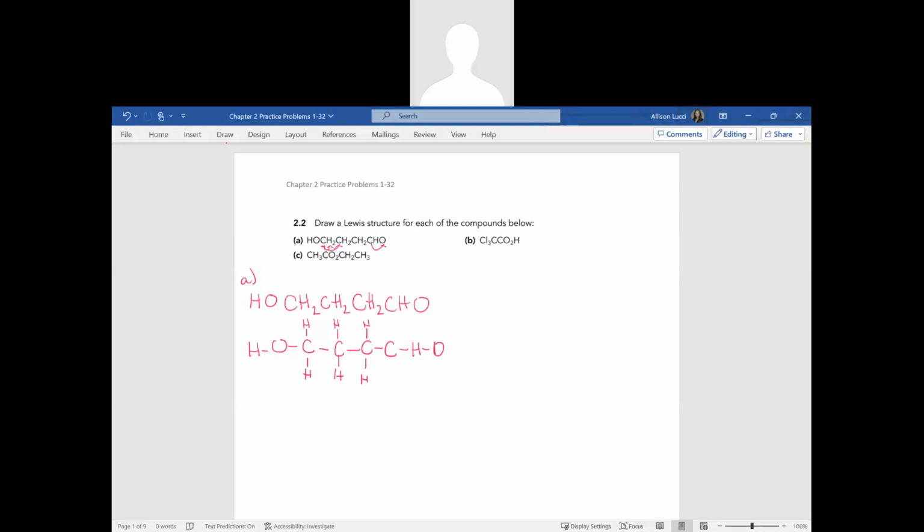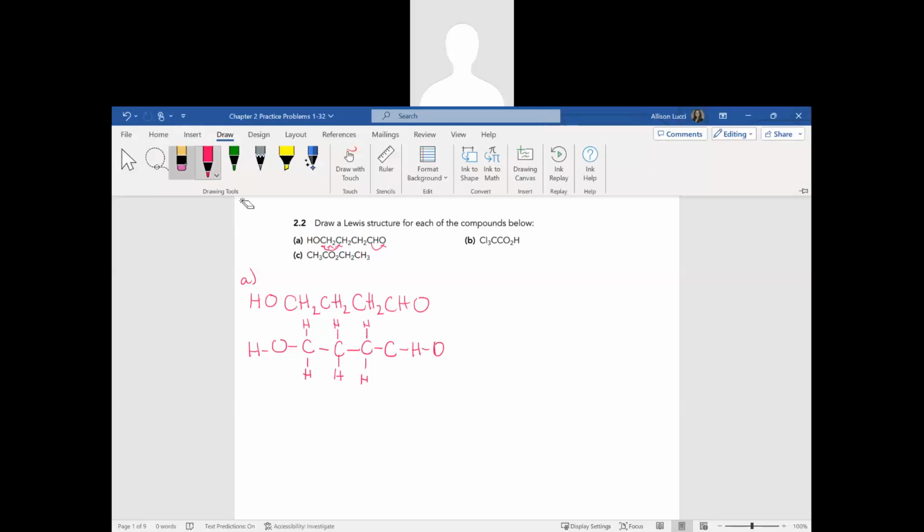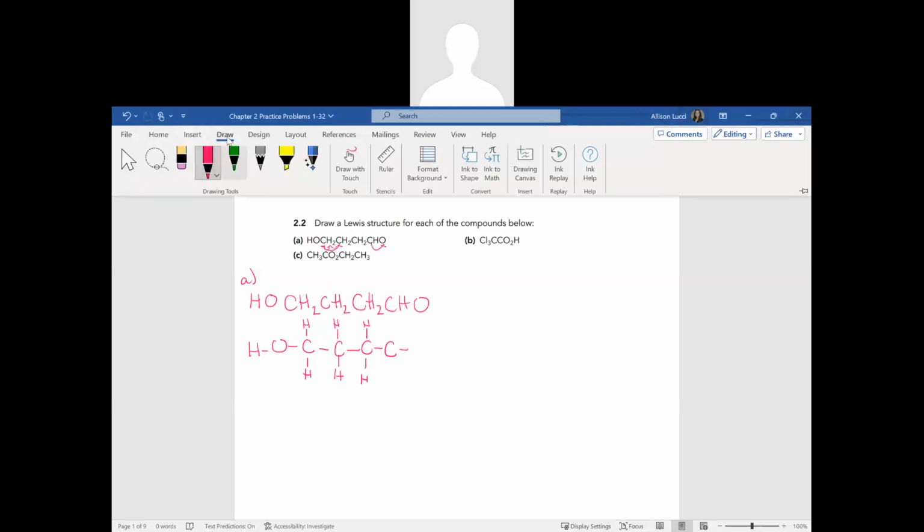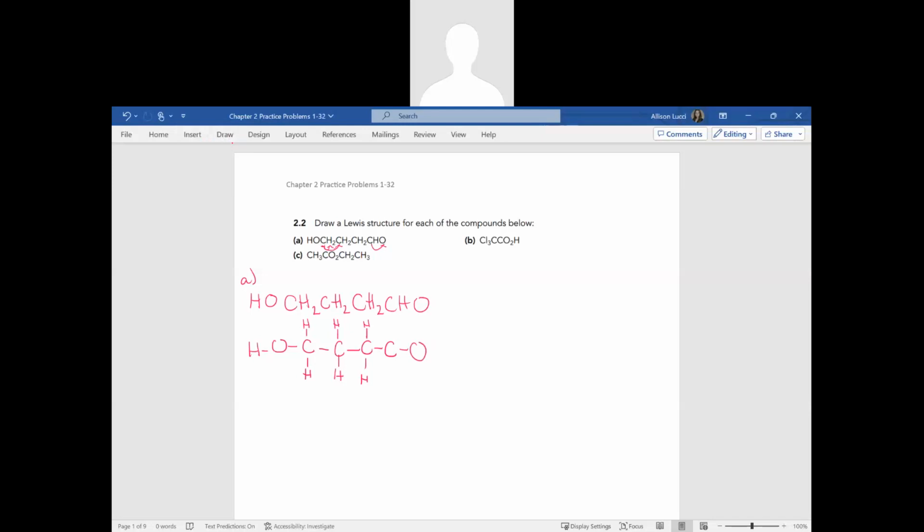How we skip over the hydrogens and know that it's bonded to the next carbon. So the real structure would look more like this, where we would have the carbon bonded to an oxygen and a hydrogen. Right, so this would be our first step in drawing the hydrocarbon chain and any other atoms, such as the oxygens.